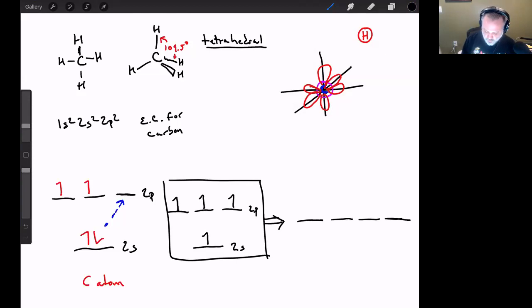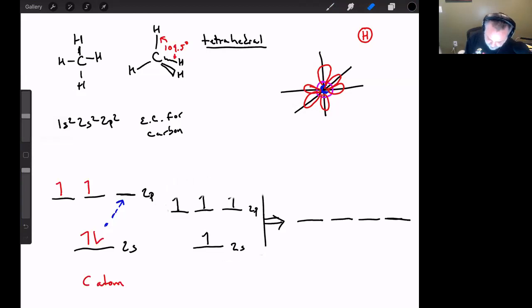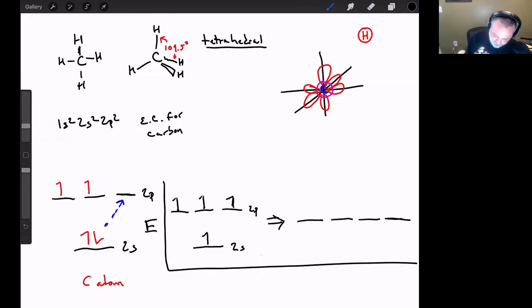Then also, we're going to say these are hybrid orbitals. If you remember that this is essentially an energy graph, then the p orbitals are higher in energy than the s orbitals. When I line everything up on an energy graph, these are degenerate, and remember, degenerate means of the same energy. But these are now hybrid orbitals.